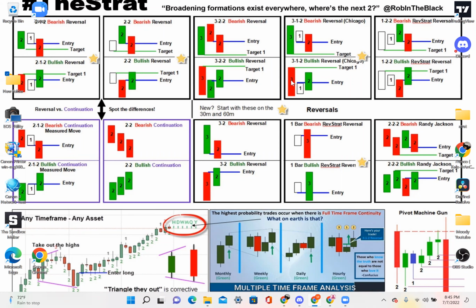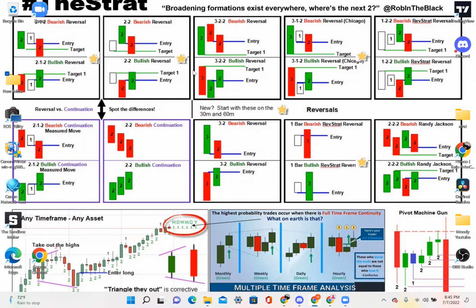I think there are only like 2, because the rev strat is a 1-2-2. So there are 2 setups within the strat where you enter on the inside bar: a 2-1-2, bullish or bearish reversal, or a 3-1-2. So there's only a select few. If you want to be an inside bar trader, you only have a select few patterns to choose from.